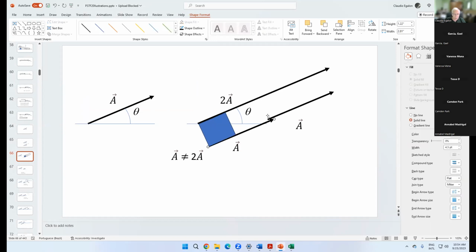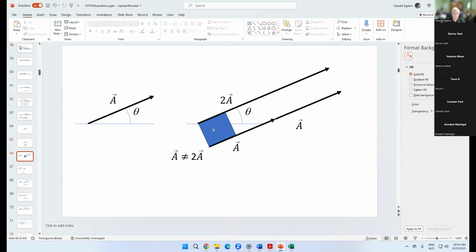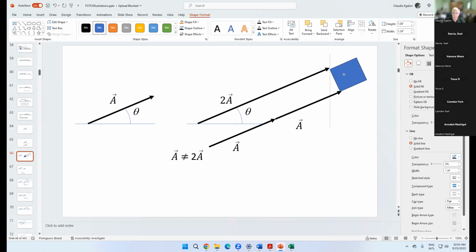This one is going to start a little bit more to the right, like that.